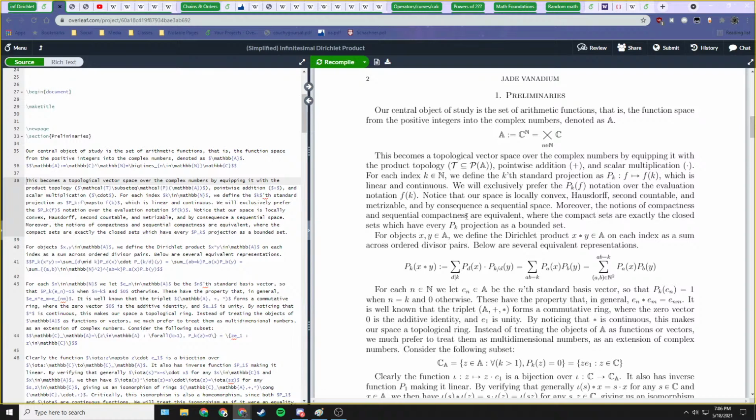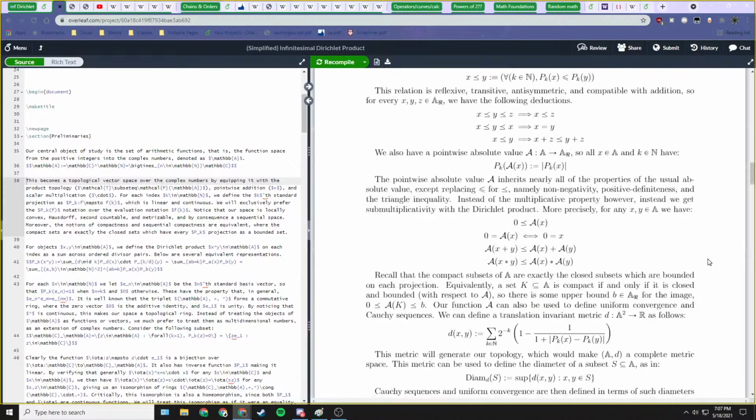And we have a really simple characterization of these sets: the compact sets are exactly the closed sets where every projection is a bounded set. So if we take a closed set and look at each projection, and its image on each projection is bounded, then it's a compact set.